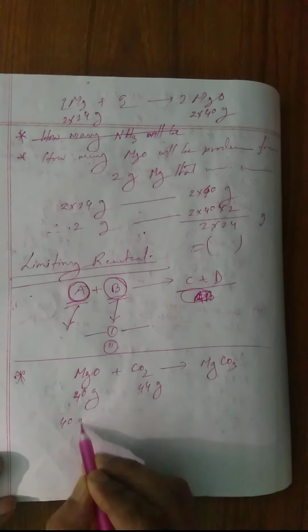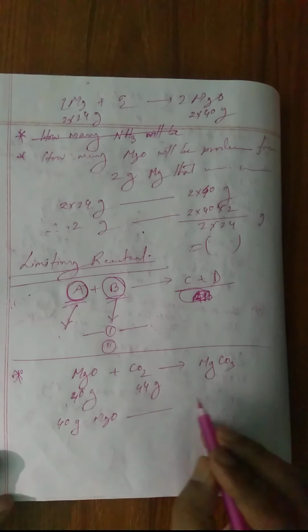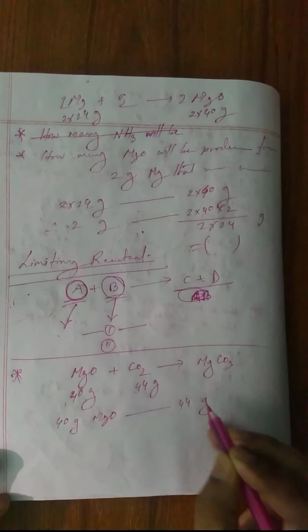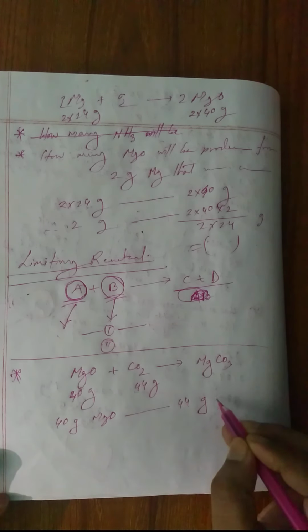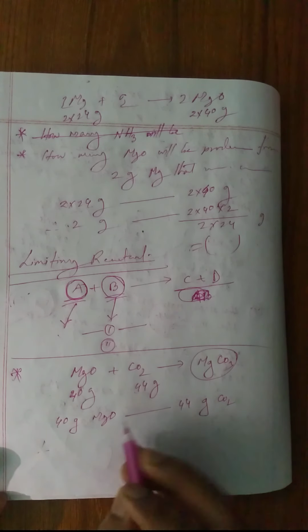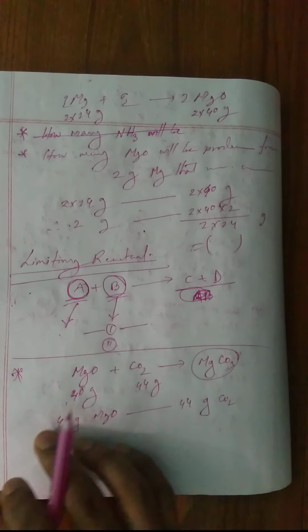So 40 gram MgO reacts with 44 gram CO2 to produce MgCO3, and the given amount of MgO is 8 gram.